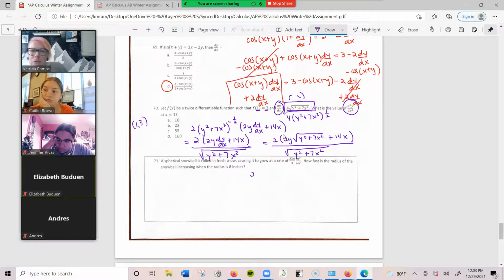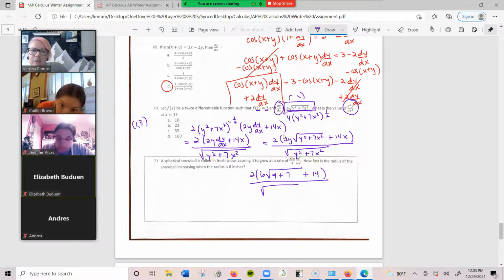So we got 2 times y, which is the 3, so that's gonna be 6, times the square root of 3 squared, which is 9, plus 7 times 1 squared, so 7, plus 14 times 1, so 14, all over the square root.